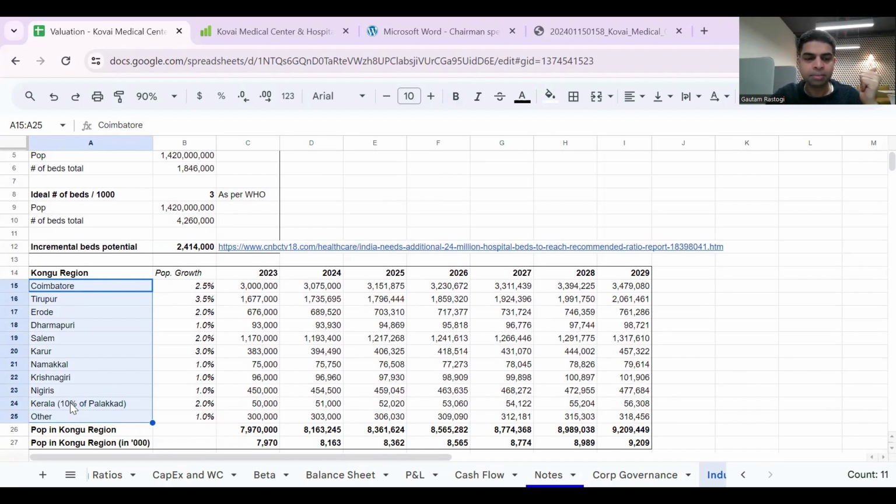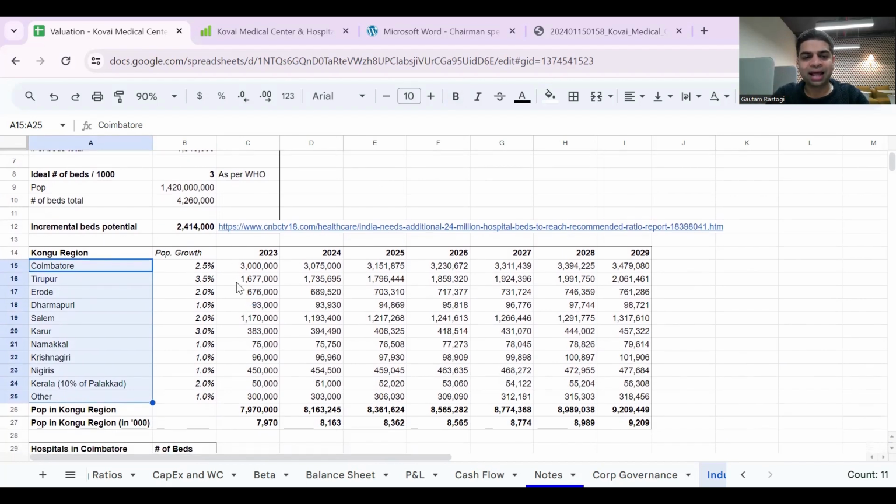So it not only serves Coimbatore, but also other places in and around Coimbatore. And this is the population of all these cities and districts in the region. Totally, the population as of today is around 80 lakh.